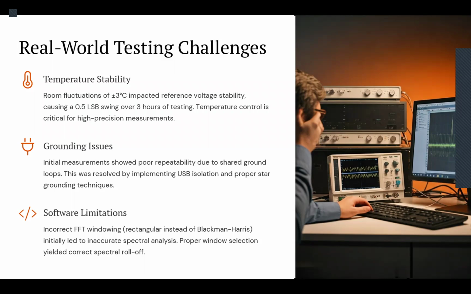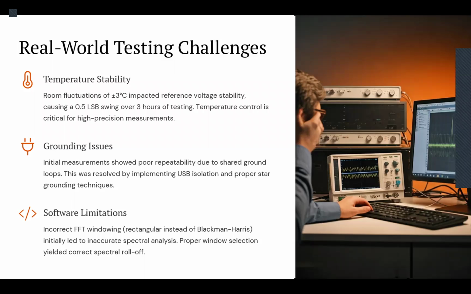This example shows that even the best hardware and the most perfect methods can fail without attention to real-world challenges. There is also EMI from nearby equipment, like your cell phone in hand or other EMI sources.